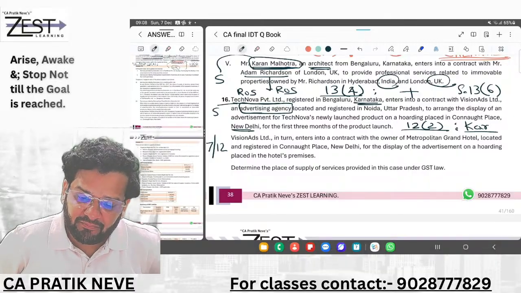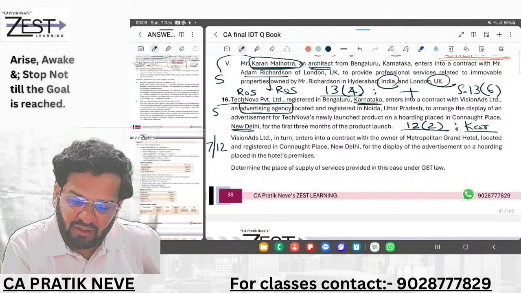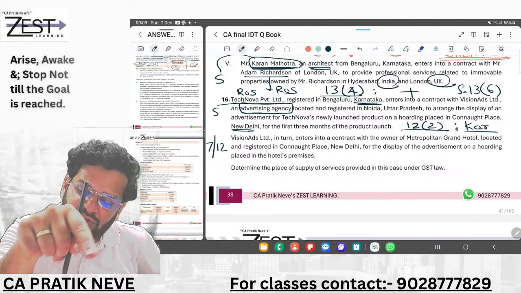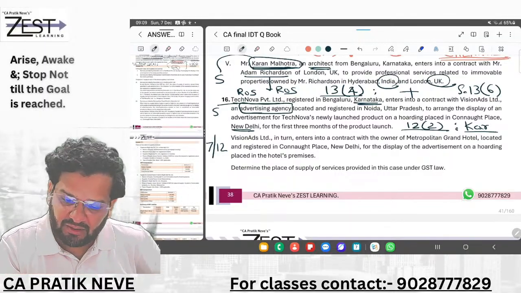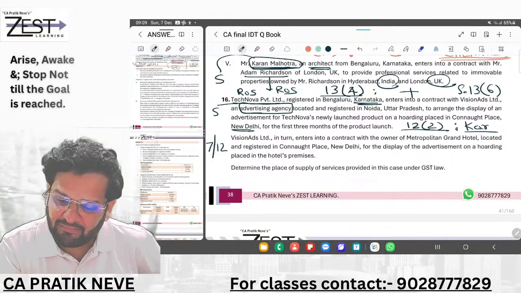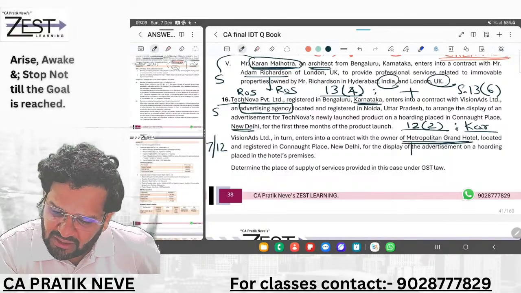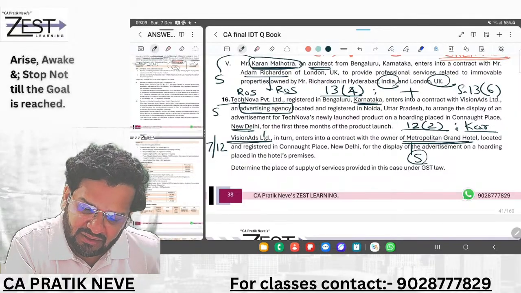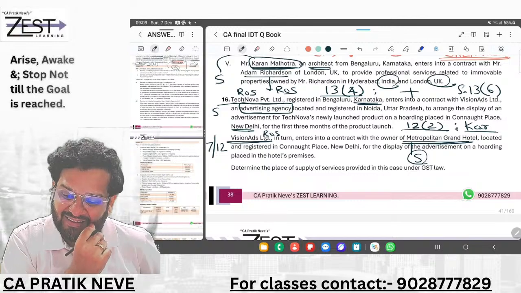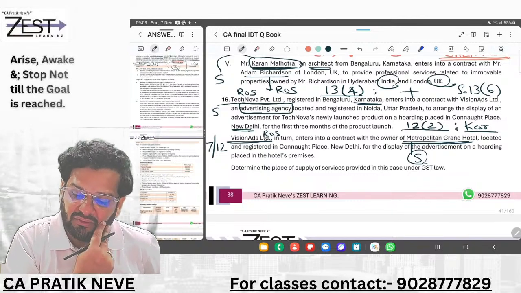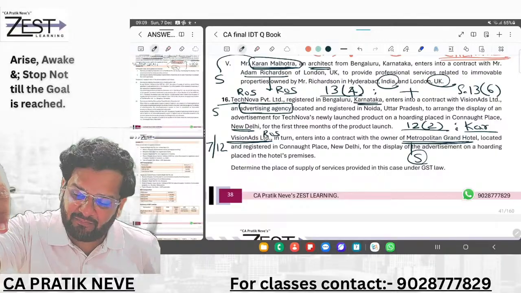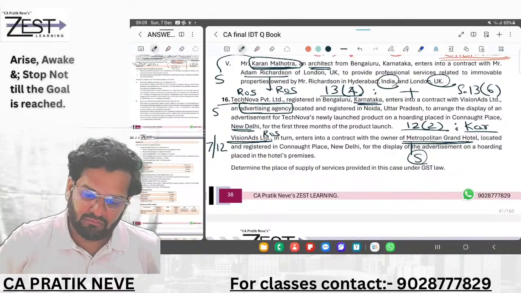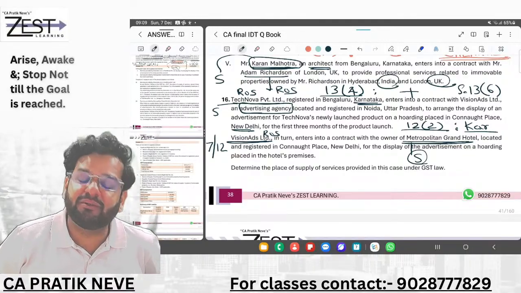Now what has happened? There's one more transaction. Vision Ads Limited in turn enters into contract with owner of Metropolitan Grand Hotel located and registered in Delhi. So now Metropolitan Grand Hotel is supplier in second transaction and Vision Ads Limited is recipient of supply, and the supply is of allowing to place that advertisement, allowing to place that hoarding in the hotel's premises.